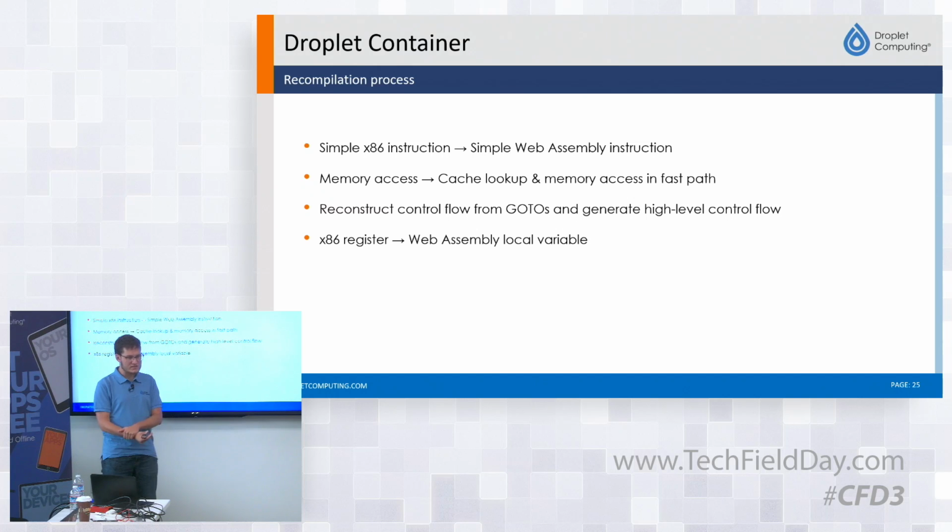For memory accesses, we don't have a memory management unit, so we need to emulate one, unfortunately, because WebAssembly does not yet have the APIs to do this with the help of the memory management unit in the host. But basically, we are able to turn that into a single cache lookup and then the actual memory access in the fast path.